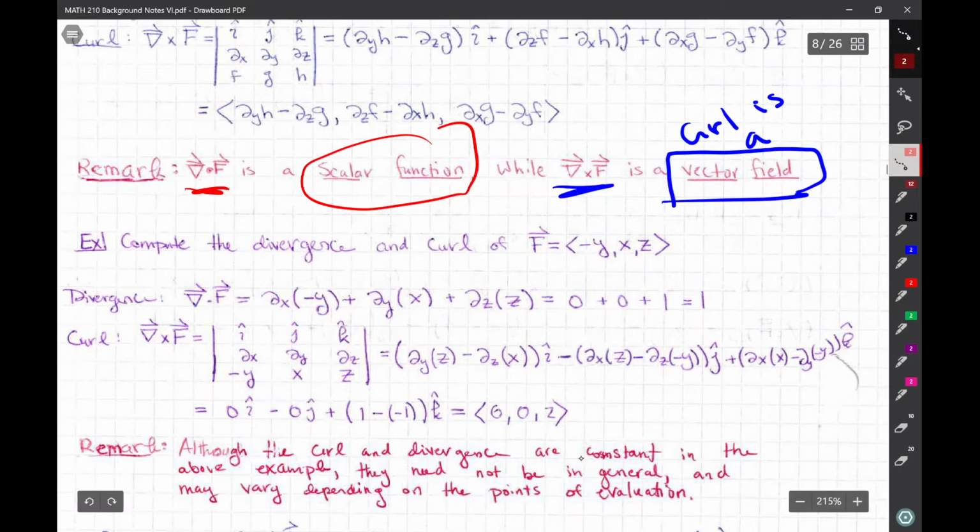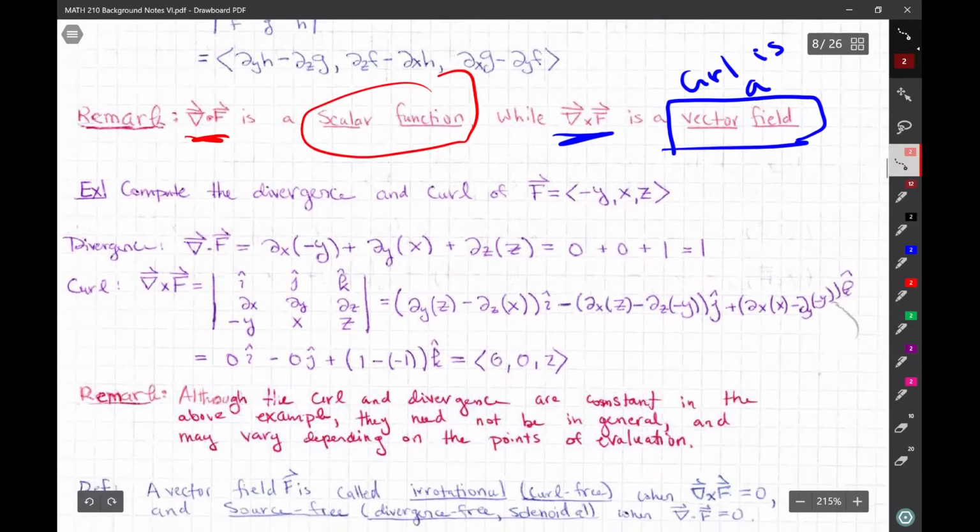Although the curl and divergence are constant here, this is a constant vector field, and this is just a constant scalar function. In general, they don't have to be that. You could have had some complicated expression of x, y, and z, and for a vector field, a complicated expression of x, y, and z in each of the components.